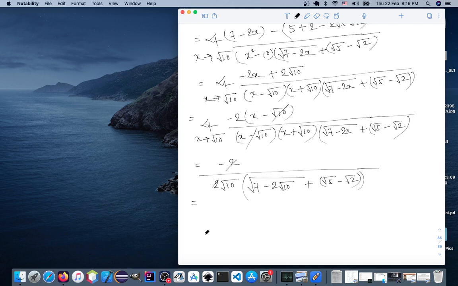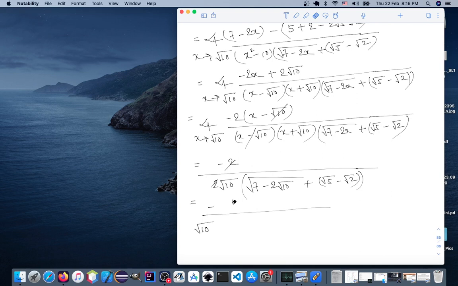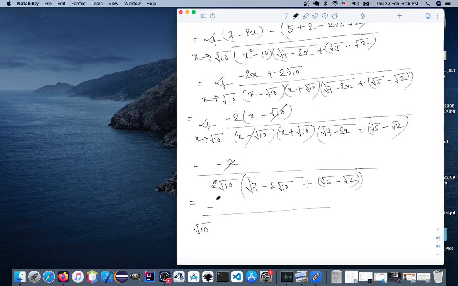So this is minus root 10. Okay, so we know that 7 minus root 10 is 5 plus 2 minus 2 into 5 into root 2.